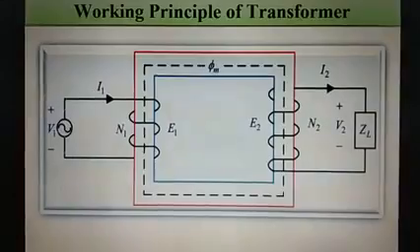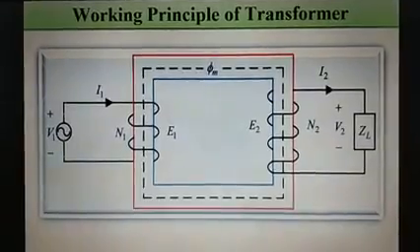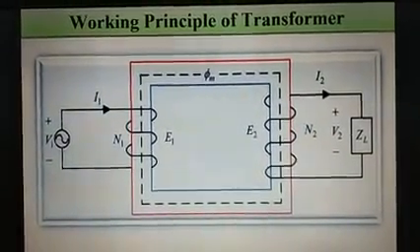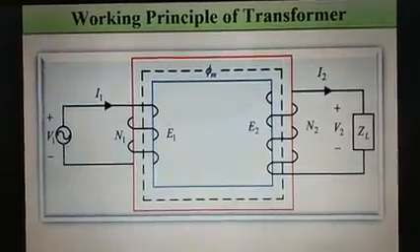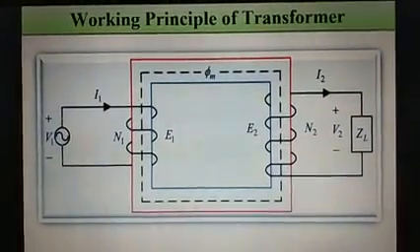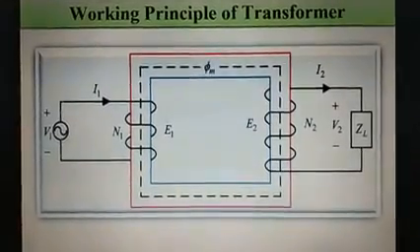Due to this voltage, a current will flow through the load if it is connected with the secondary winding. Hence the primary voltage is transferred to the secondary winding without a change of frequency.